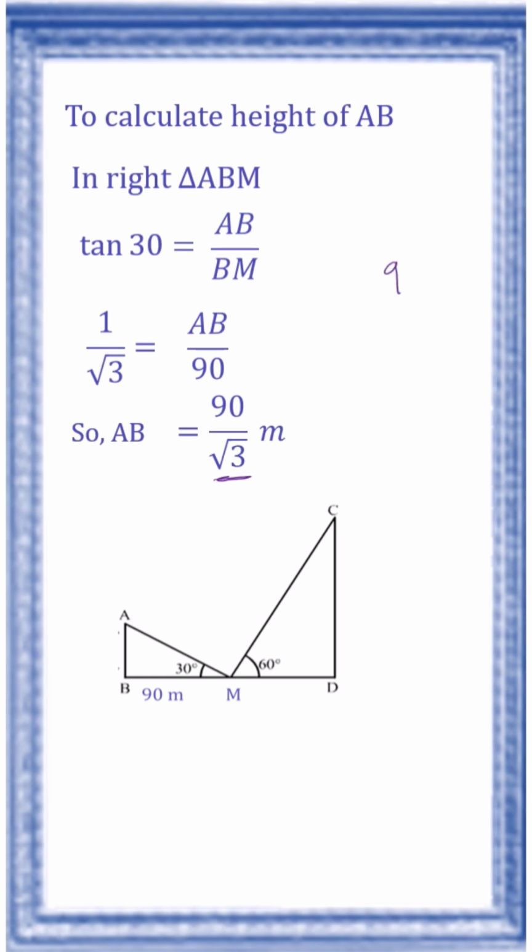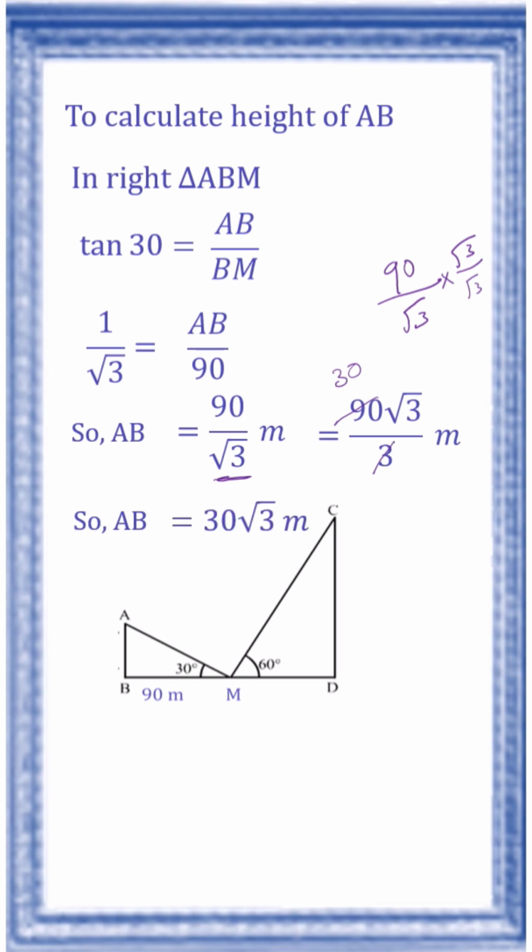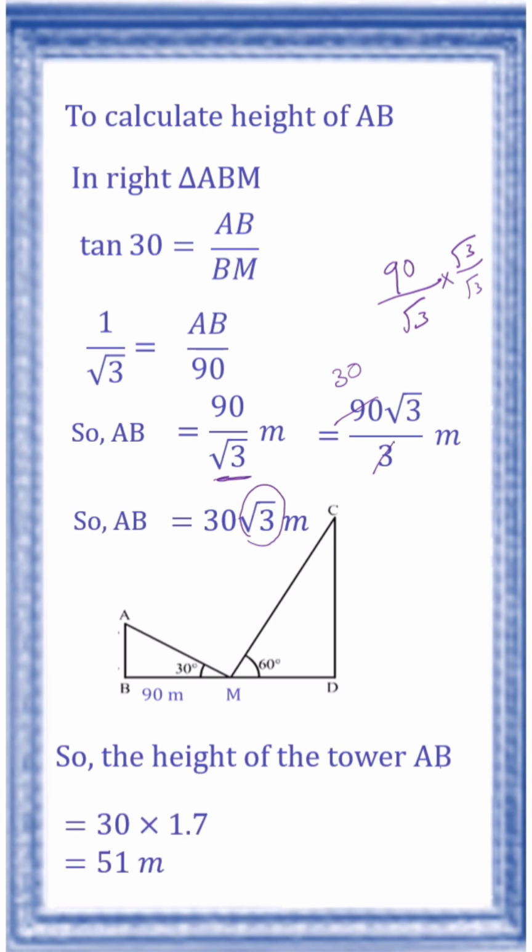Multiply both numerator and denominator by root 3. You will get 90 root 3 by 3. 3 ones are 3, 30s are. So AB is equal to 30 root 3 meter. We have to replace root 3 by 1.7. So the height of the tower AB is equal to 30 into 1.7, that is equal to 51 meter.